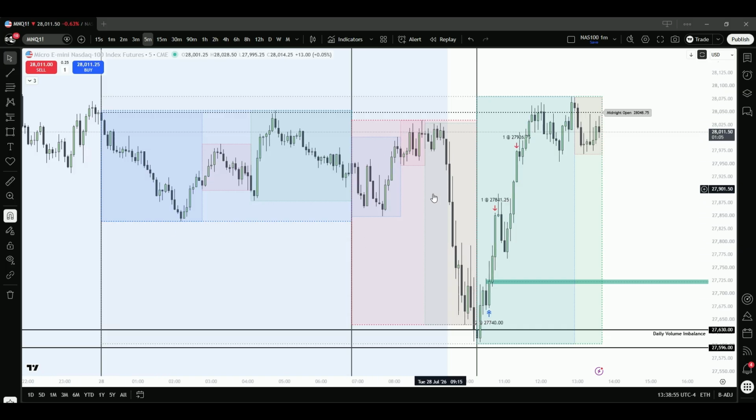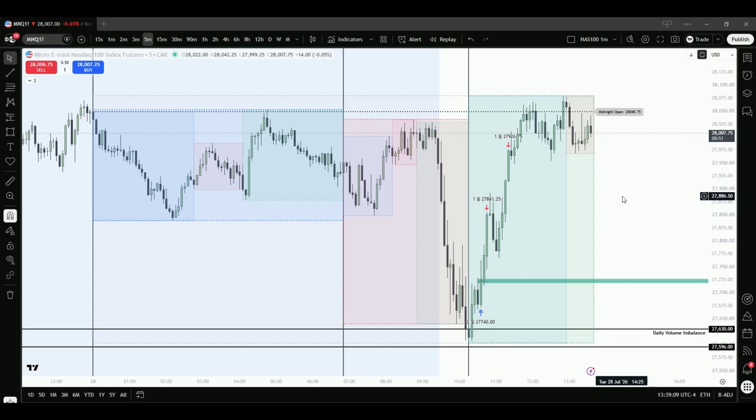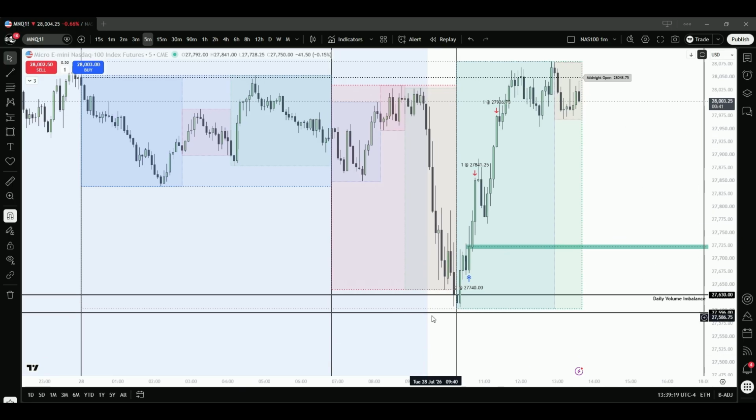Usually the manipulation will not manipulate as much, and the distribution phase will not distribute as much. The market will simply not have such speed and momentum. It's not a 100% rule, but typically it will happen like that. So here we have again today a classic market.